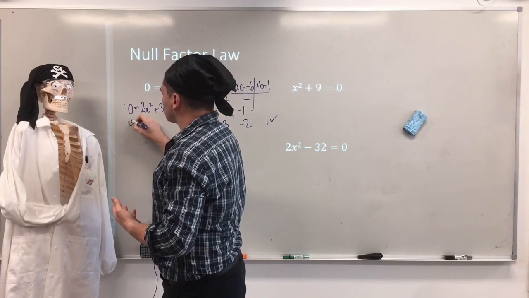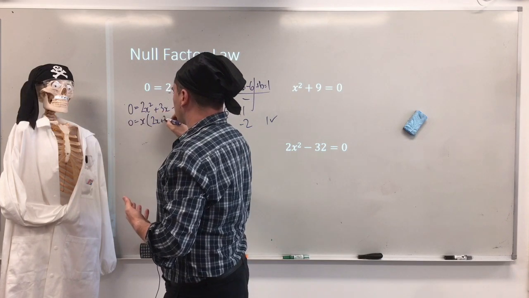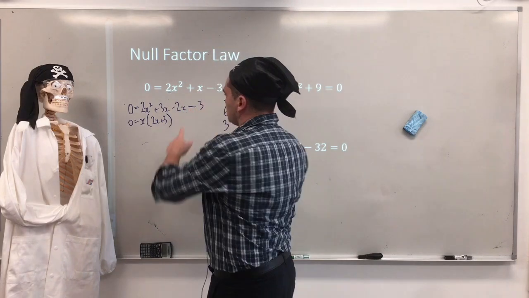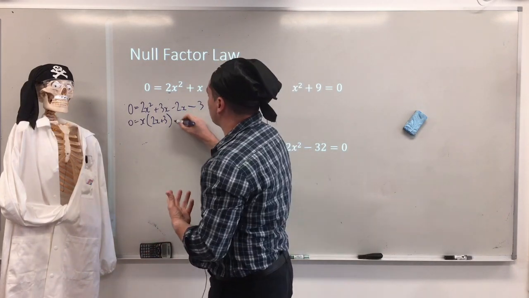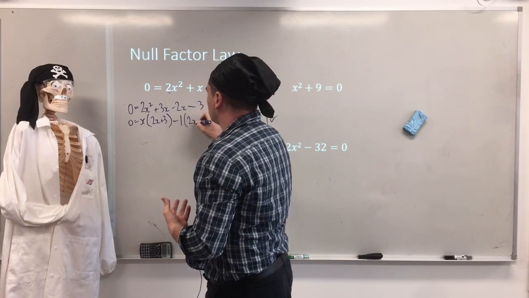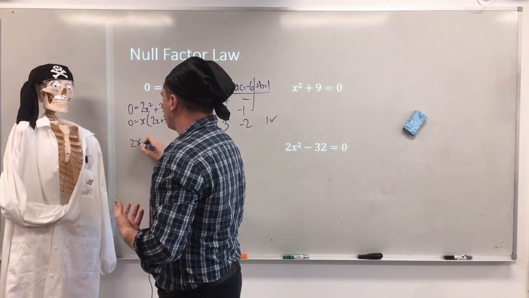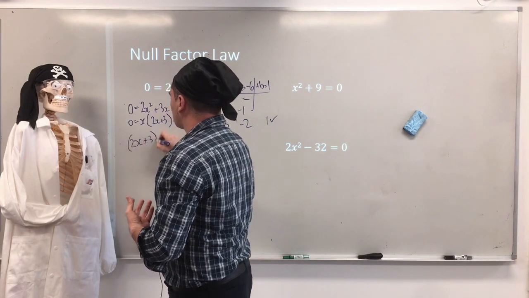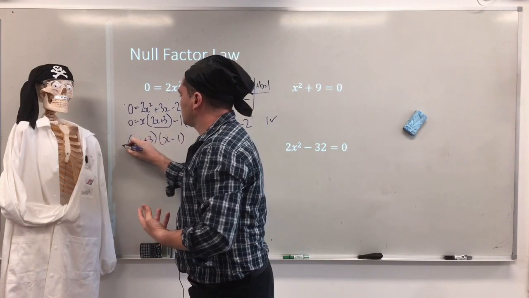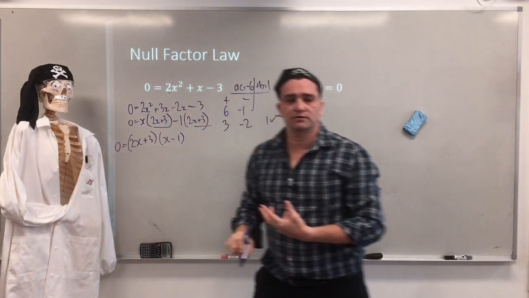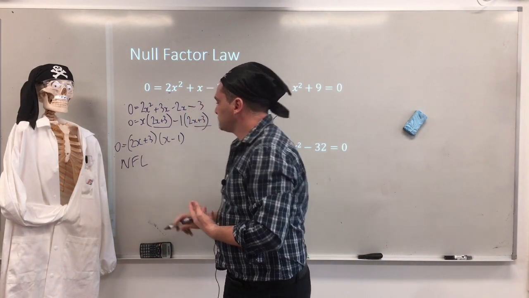Can't really factorize much here. So we just get our x outside of 2x plus 3, and then we're going to have to get a positive here, so we pull out a negative 1. So 2x plus 3 is our common term, and what's left is x minus 1, equals 0. Now we can use our null factor law.